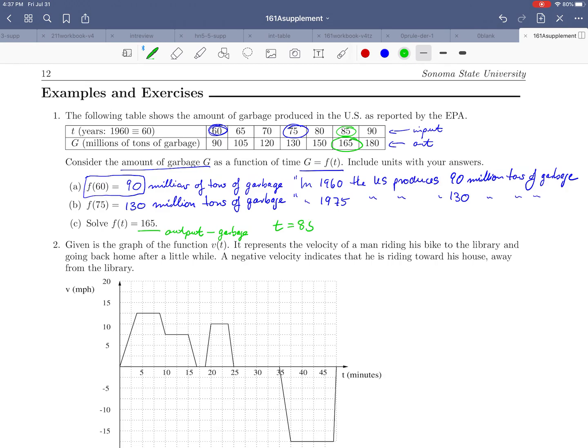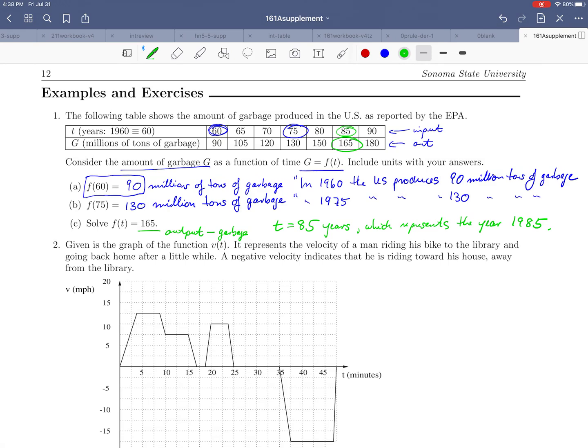So t equal to 85 is our answer. That is a year, so this is 85 years, which represents the year 1985. So after having solved this, we can also say that in the year 1985, the US produced 165 million tons of garbage.